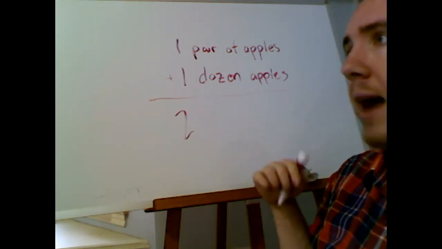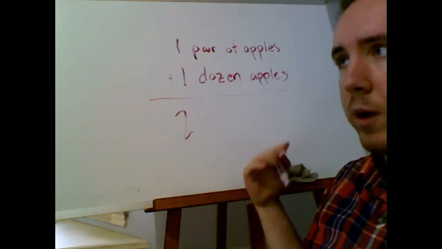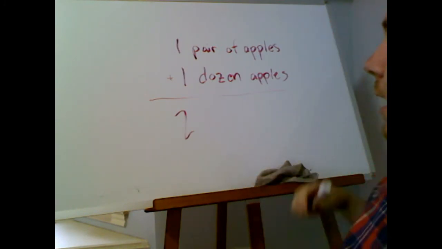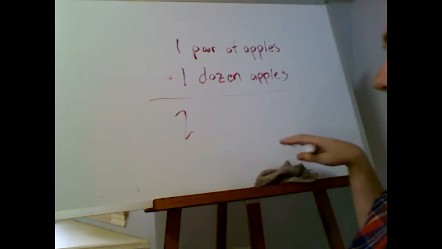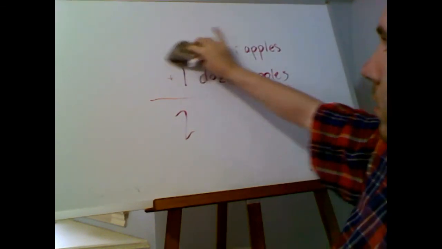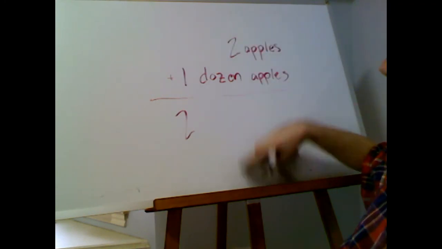Because I might as well be adding apples and oranges. 1 pair of apples and 1 dozen apples don't really add, right? In order to add them, I must convert my pair of apples to what they really are, which is 2 apples.